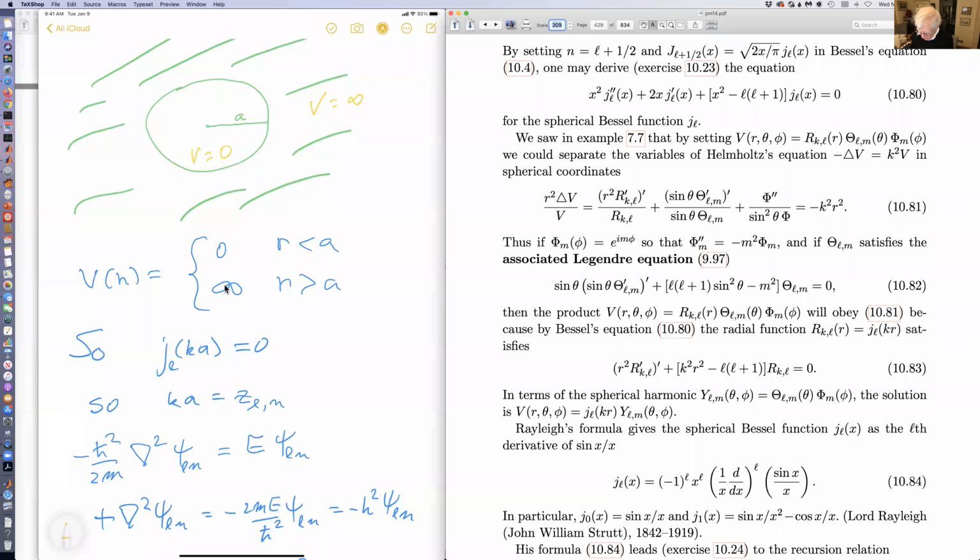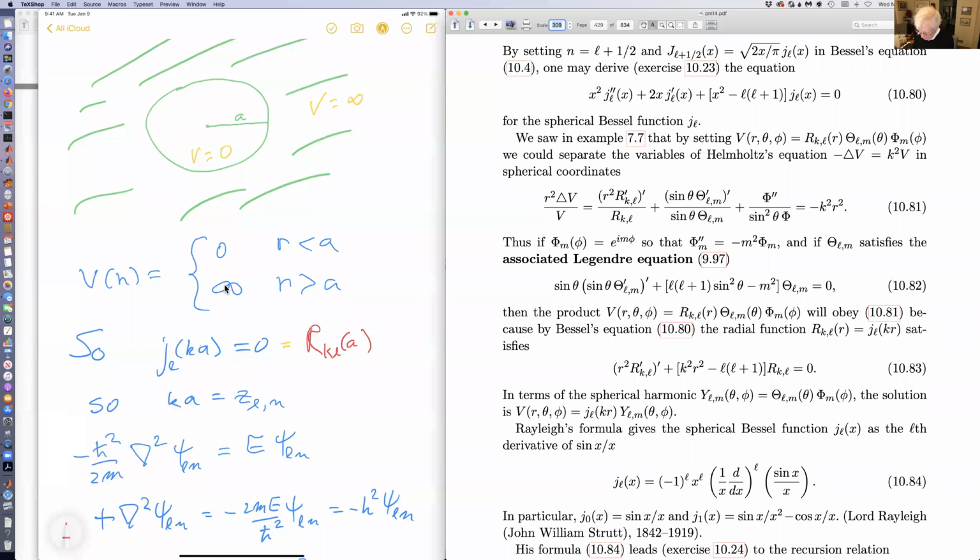So what we want is that, let me switch to maybe red, this is R_kl of R. We want that to be 0 at A, and so in fact, what I should do is change that to A. So R_kl of A is j_l of kA.